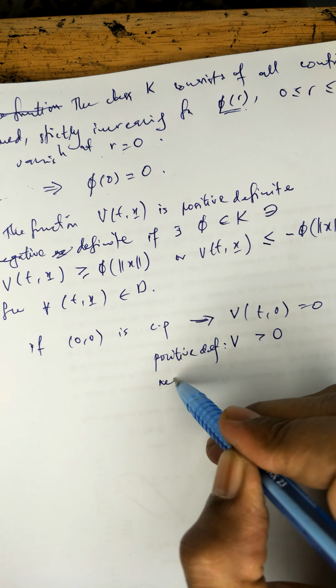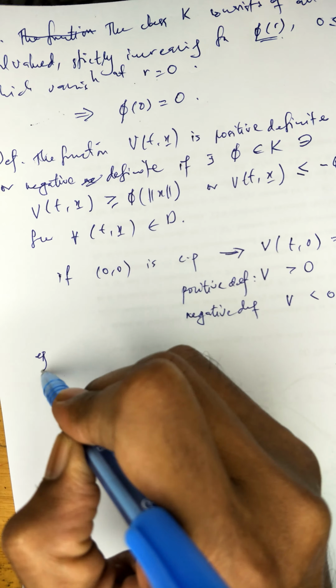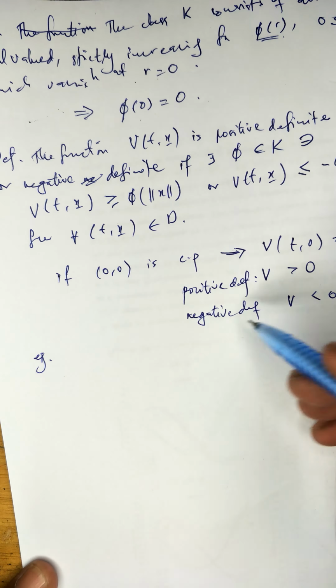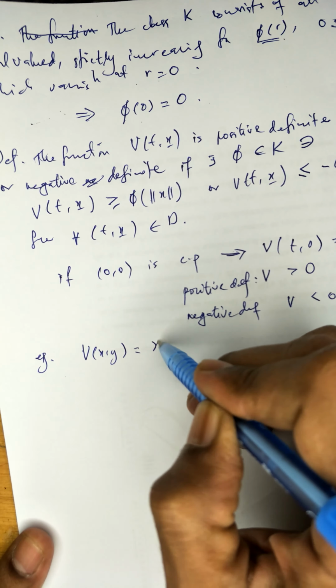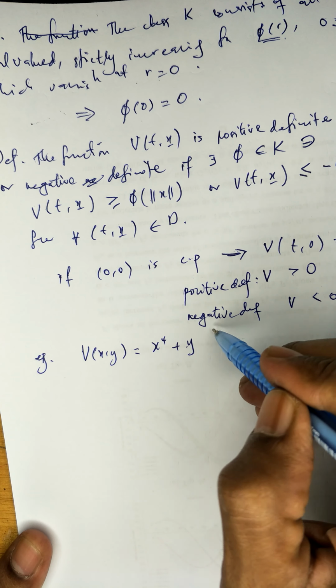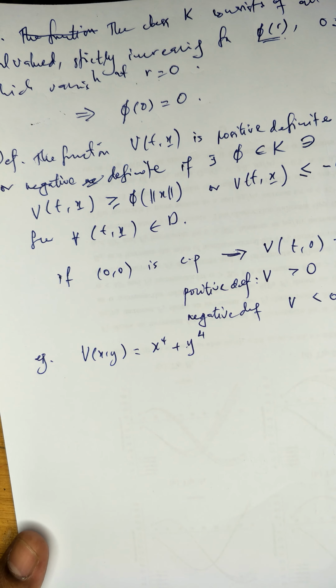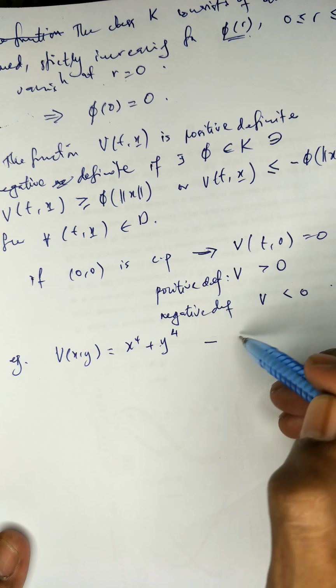Let's see an example. If you consider the function x^4 + y^4, this is positive definite. Why? If we consider (0, 0) as the critical point, V(0, 0) is 0.